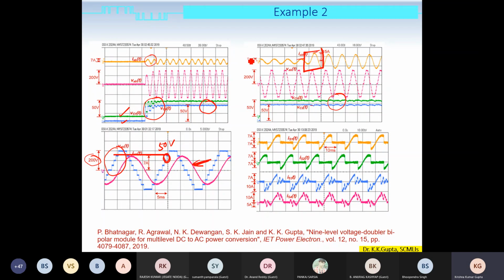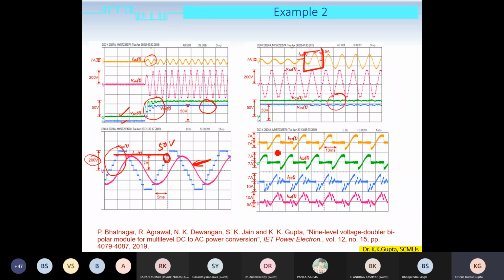So despite transients on the load side, the voltages of the capacitors are balanced at the expected values. Now coming to the currents, that is important here, because the capacitors are coming in parallel with the source voltage.